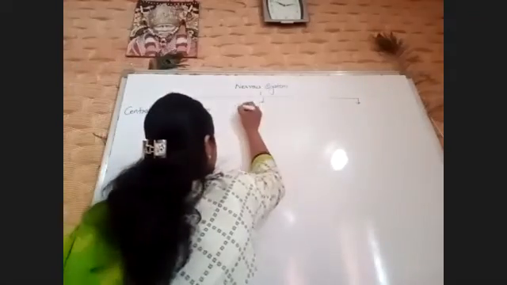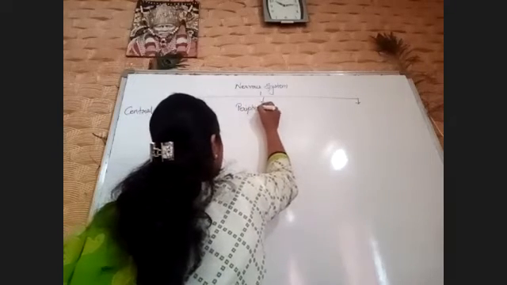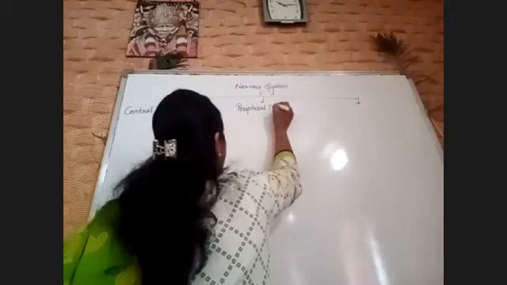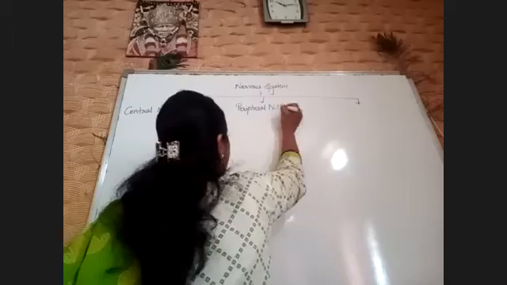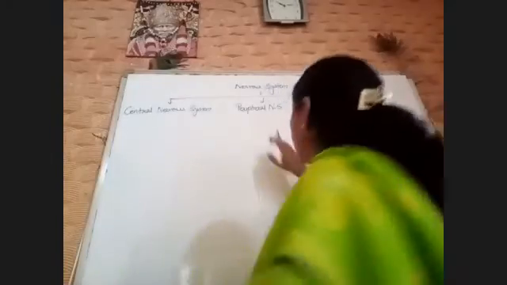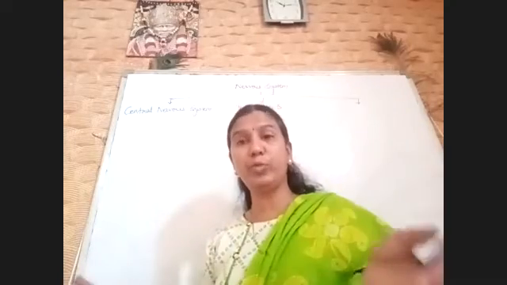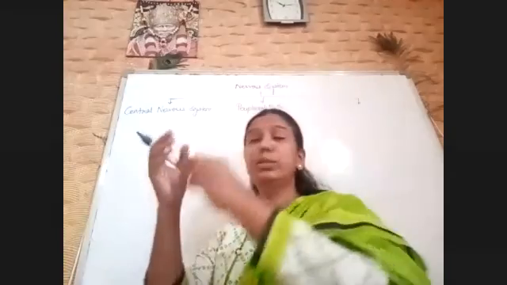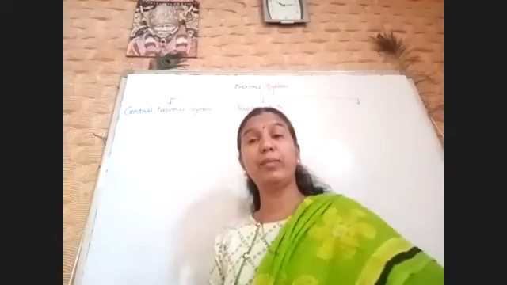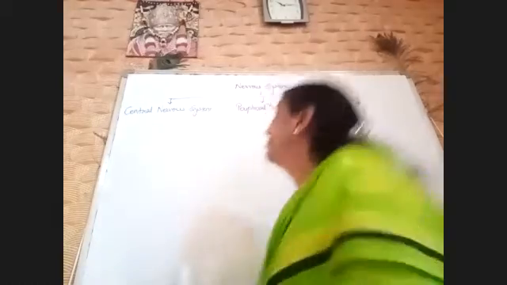Then second is peripheral nervous system. I am writing NS for nervous system. Okay. So this peripheral nervous system is present on the outer part of the body. So these are the peripheral parts of our body. So it is present in this peripheral part.